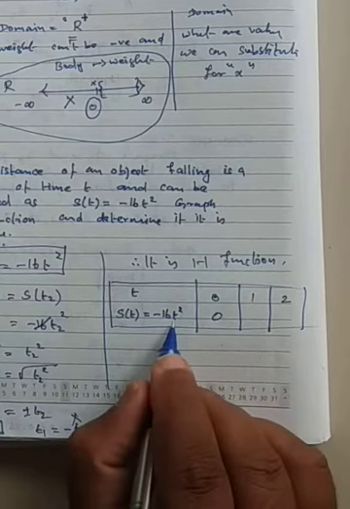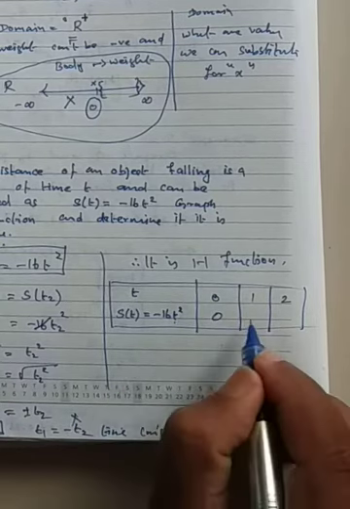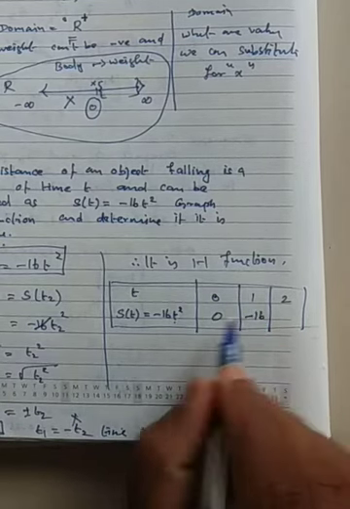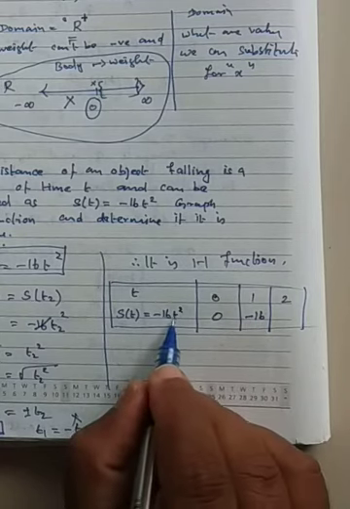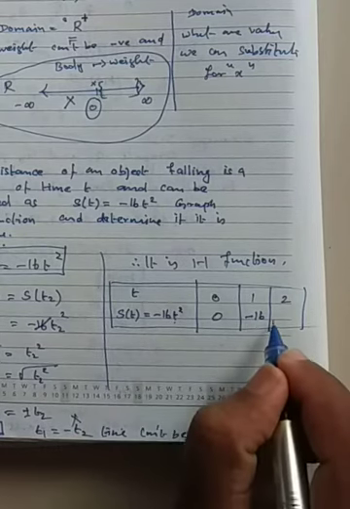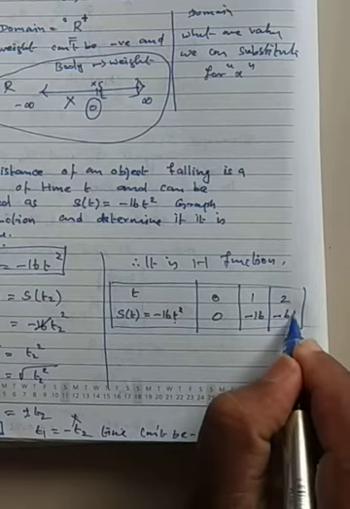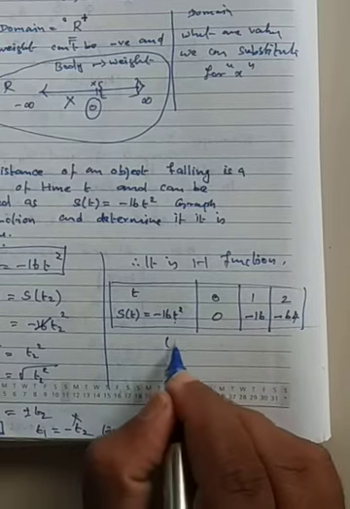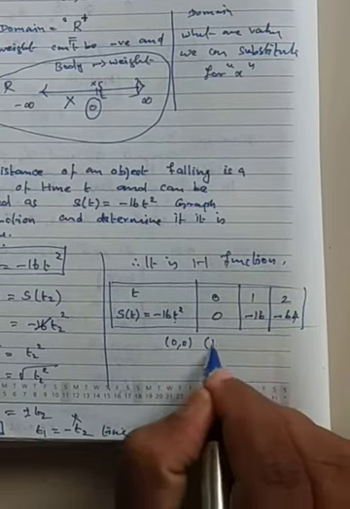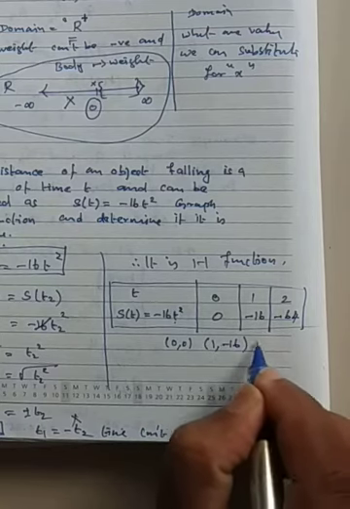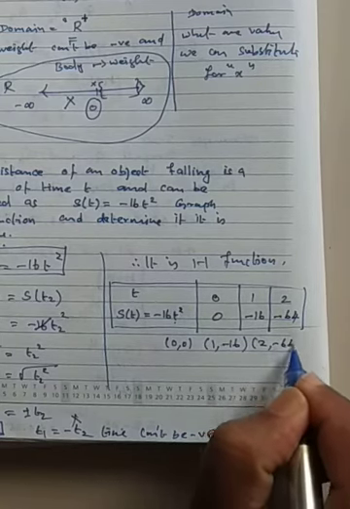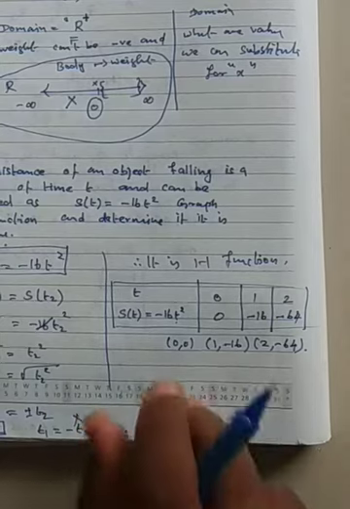If I put 1, 1 into minus 16 gives minus 16. If t is 2, 2 twos are 4, 4 sixteens are 64, so minus 64 will come. So the points are (0, 0), (1, minus 16), and (2, minus 64). You need to plot this.